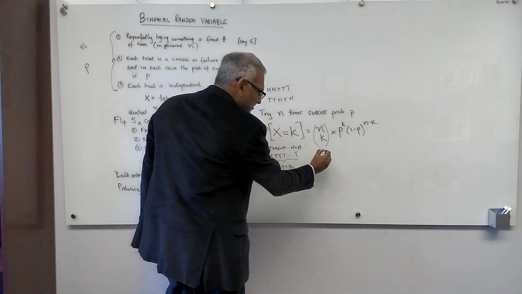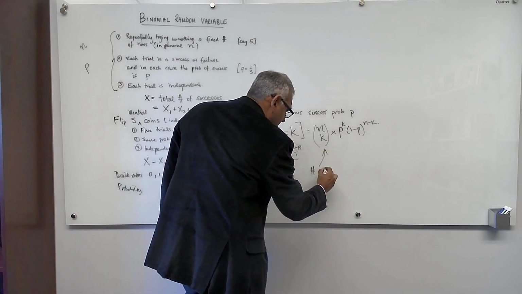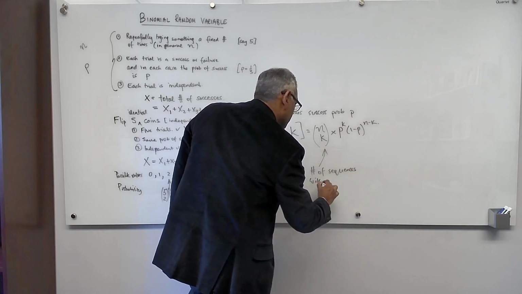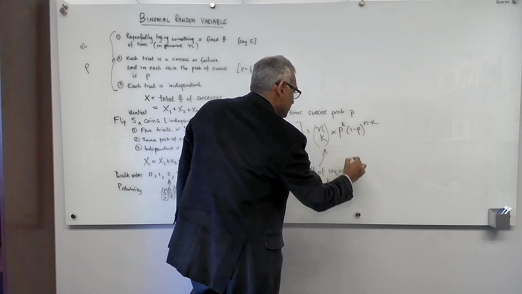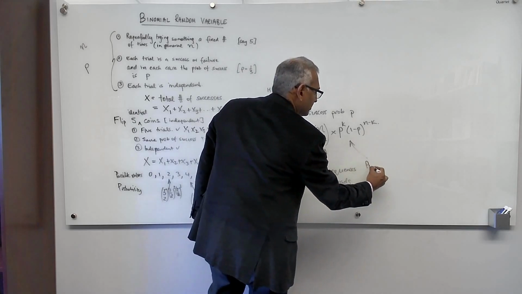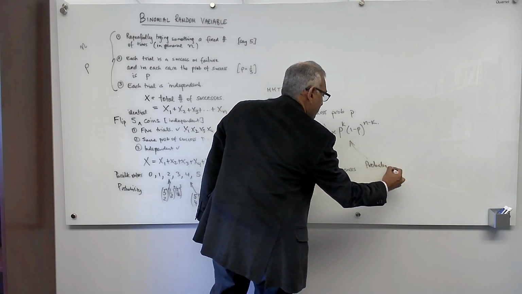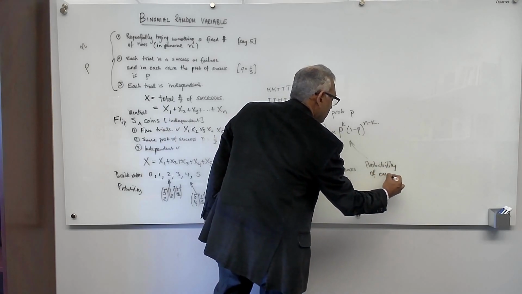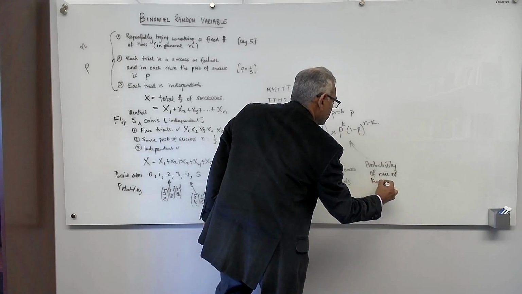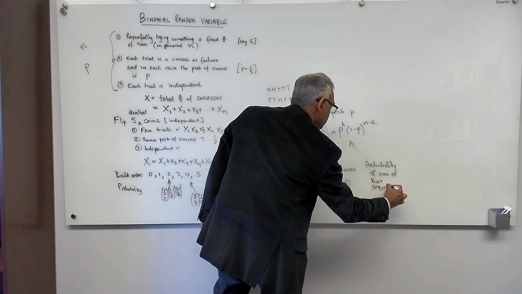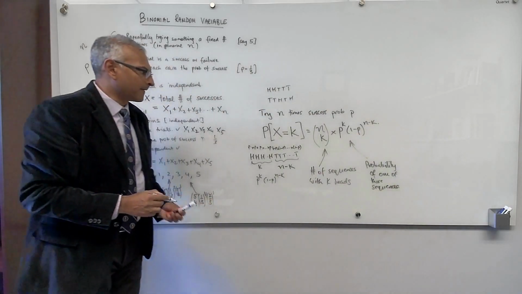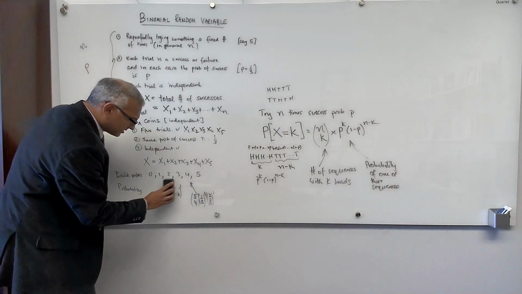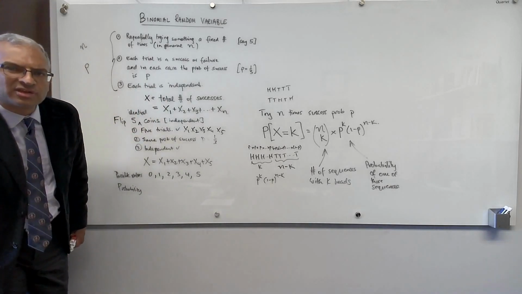Okay, so this is the number of sequences with k heads, and this is the probability of one of those sequences. And so now we can fill in this table, but we're going to fill it in for another example.